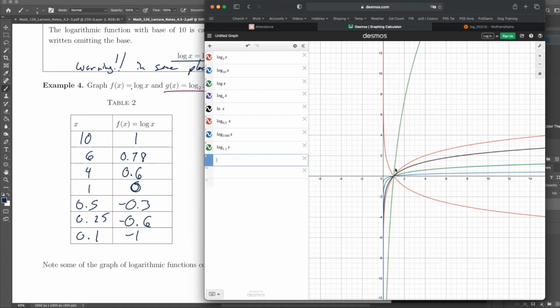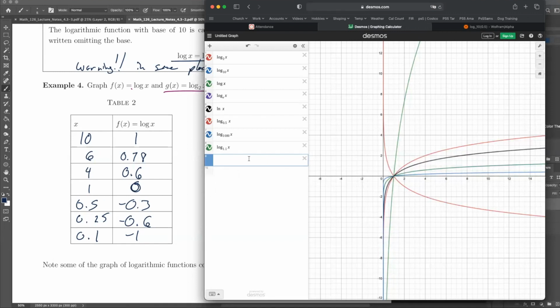Technically, it'd be just a vertical line at 1, which definitely breaks the vertical line test, right? If it is a vertical line, it breaks it everywhere.